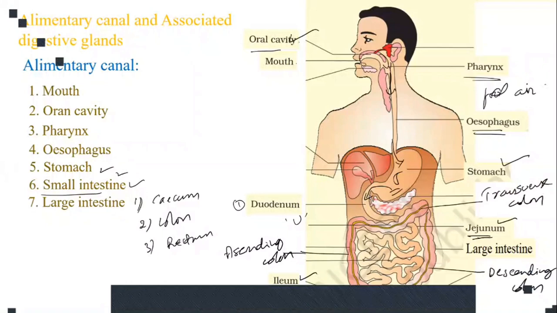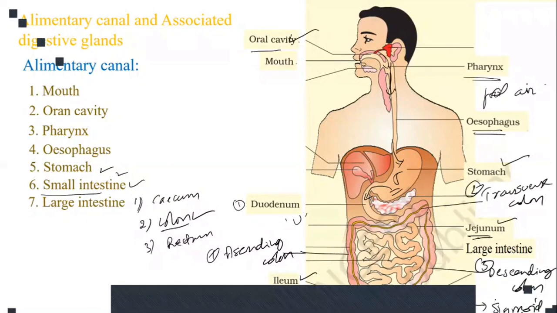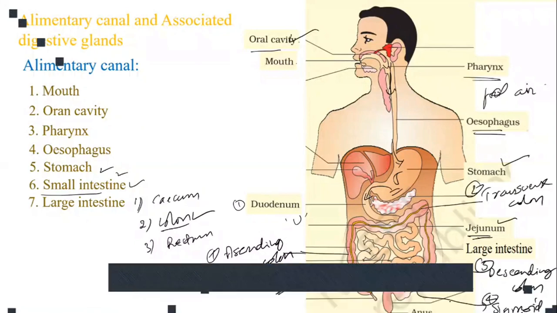So these are the three parts present in the colon. And another one is also there, called the sigmoid colon. So these are the four parts present in the colon. And this colon opens into another structure called the rectum, and this rectum opens outside of the body through the anus. So these are the parts of the alimentary canal.